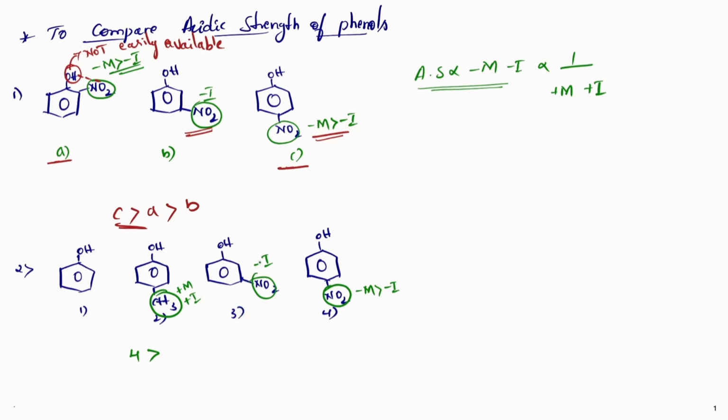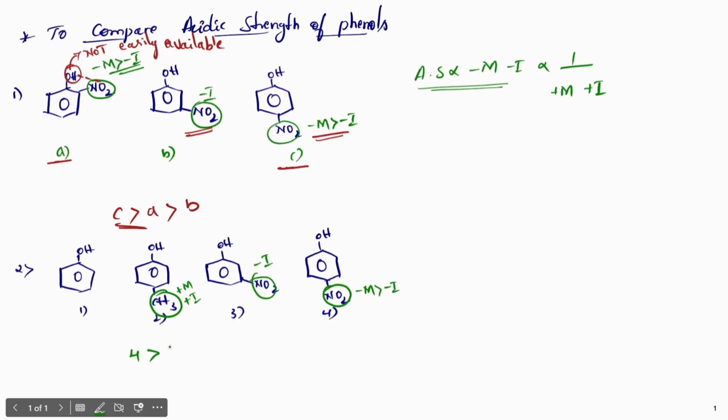Coming to the third, here we only have negative inductive effect. That means acidity is directly proportional to negative inductive effect. Therefore, next comes 3, because in the third case only minus inductive effect can be seen.